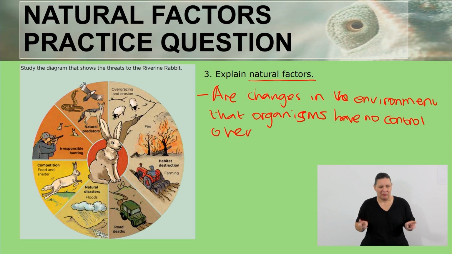So these are natural factors. These are the changes that take place in an environment, and organisms have no control over them at all. Now that is the first part of our activity. Now we are going to move on to the second one.